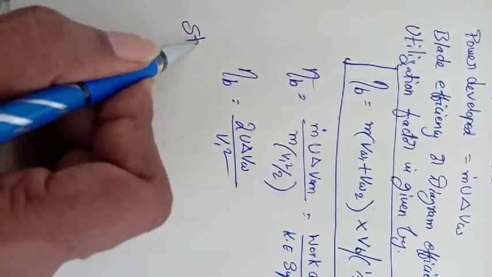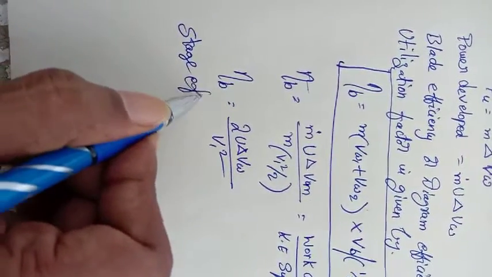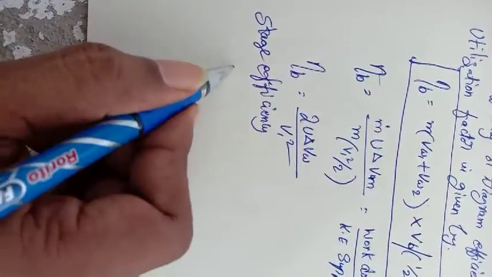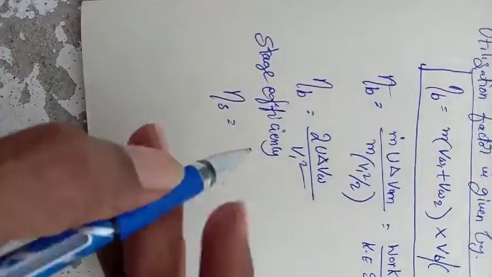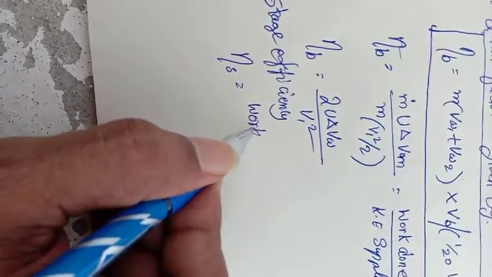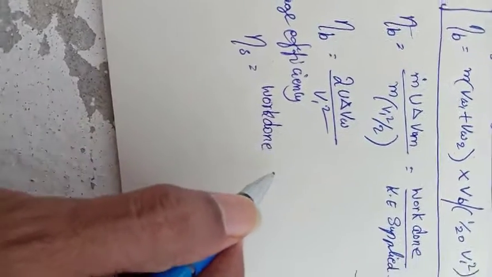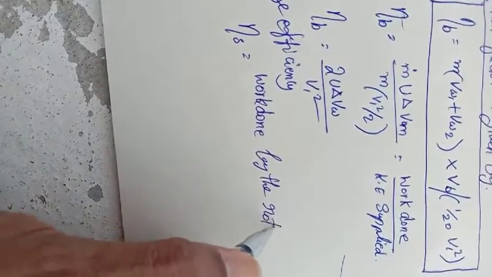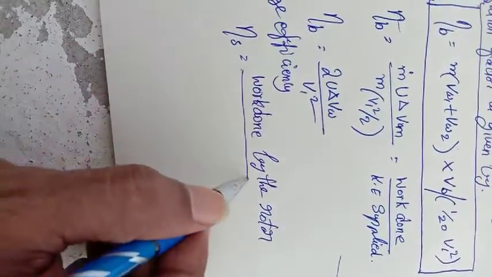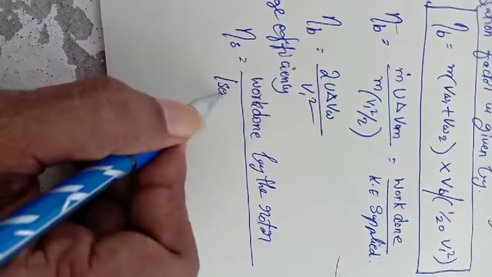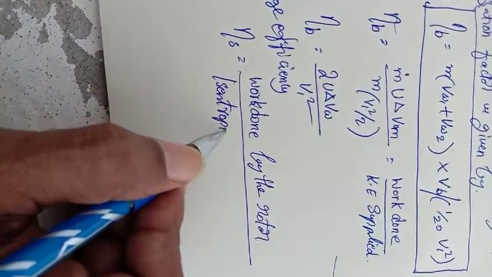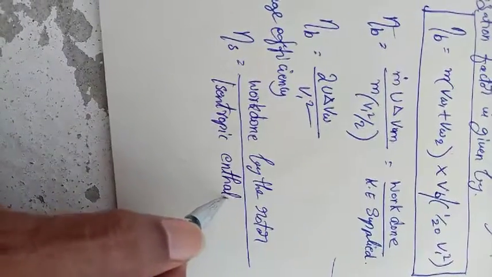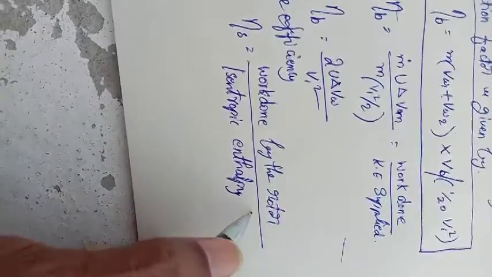Now we are going to know about stage efficiency, which is equal to work done by the rotor divided by isentropic enthalpy drop.